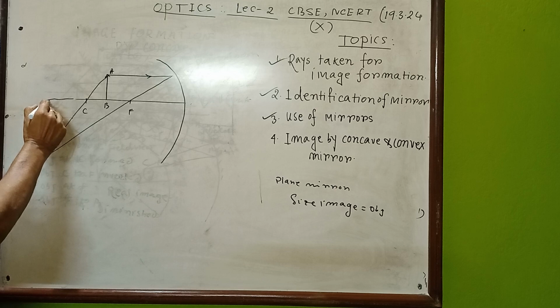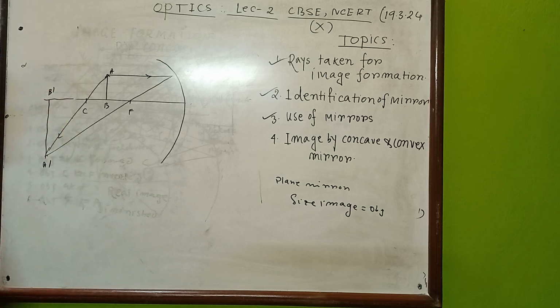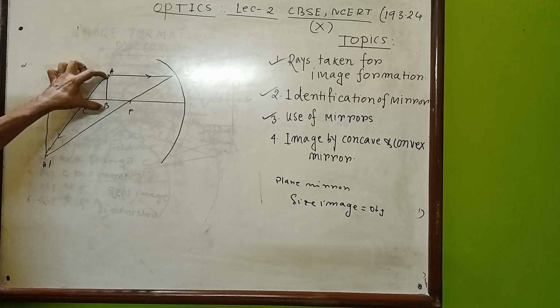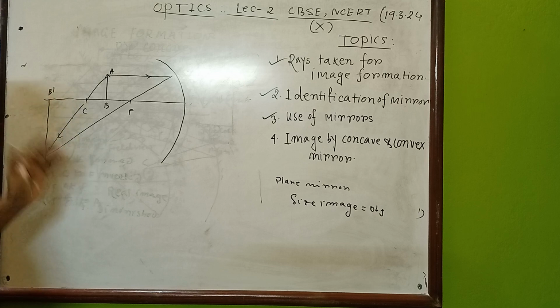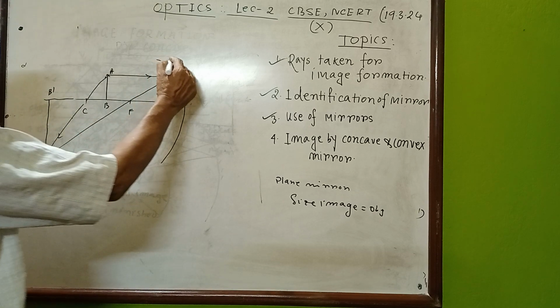So we are getting a magnified image, A prime B prime, beyond C. Clear? Beyond C. When you put the object between C and F, you are getting an enlarged, inverted image beyond C. Okay. So this is the case. Always remember.